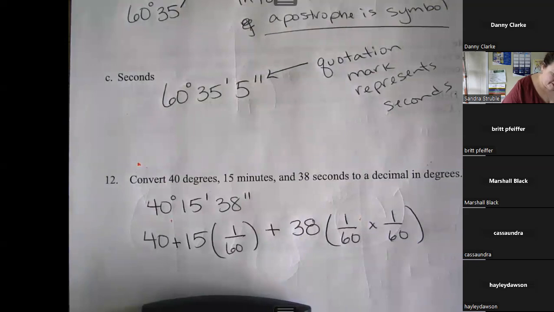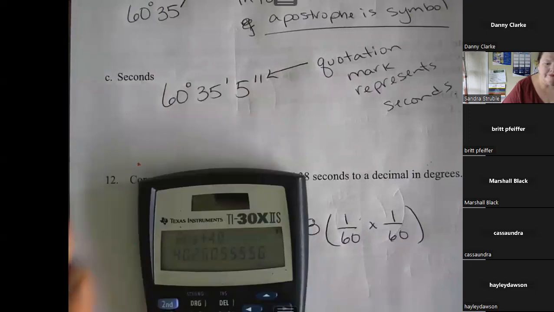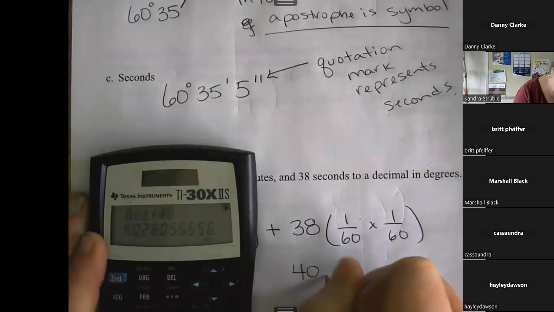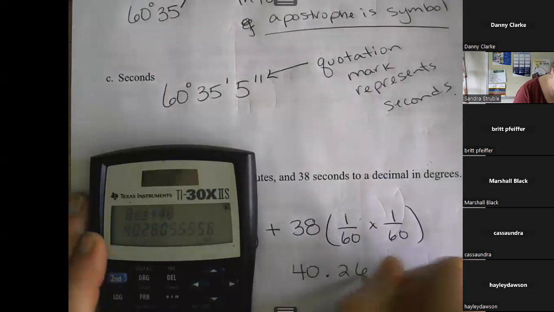Plus 15 times 1/60, we'll just do it this way. And then plus 40. And I get 40.260555556. All right, so my answer is 40.26056 degrees.